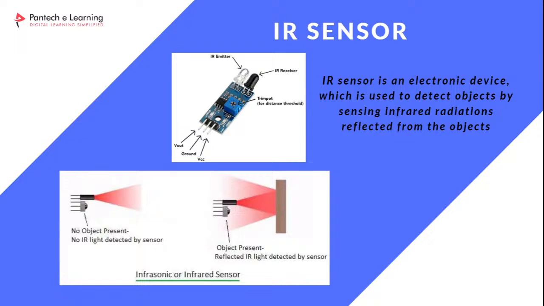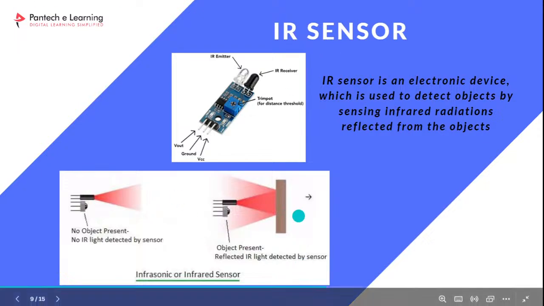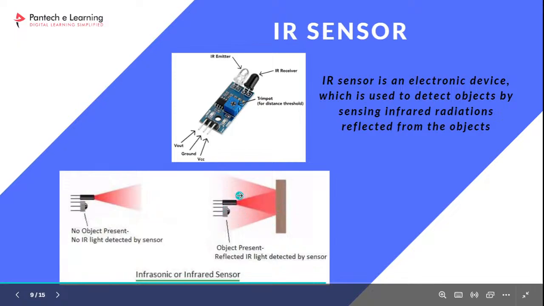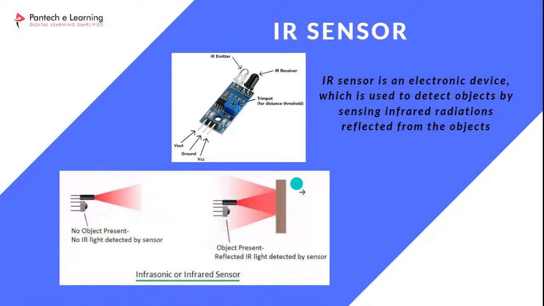IR is nothing but infrared sensor. It is an electronic device which is used to detect objects just by sensing infrared radiations which are reflected from the object.